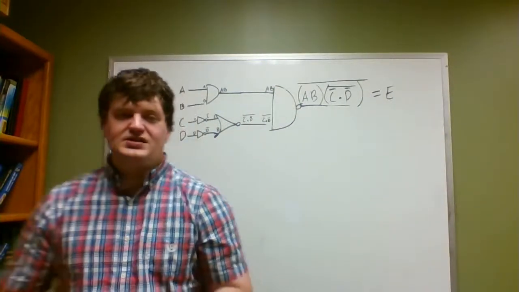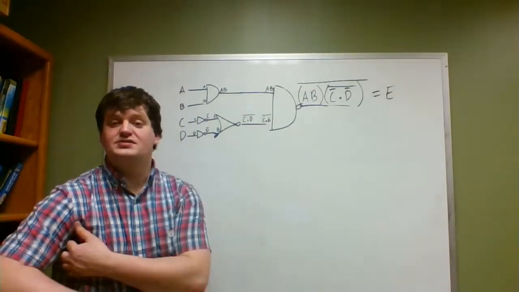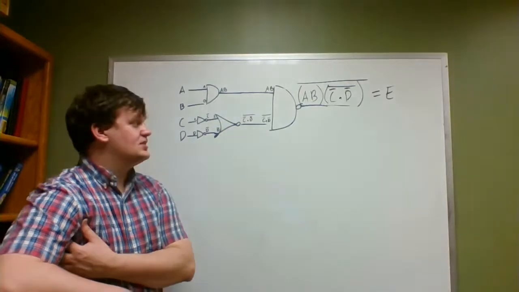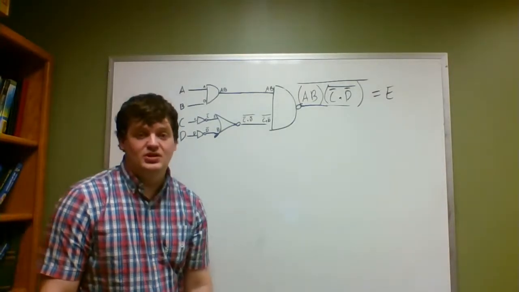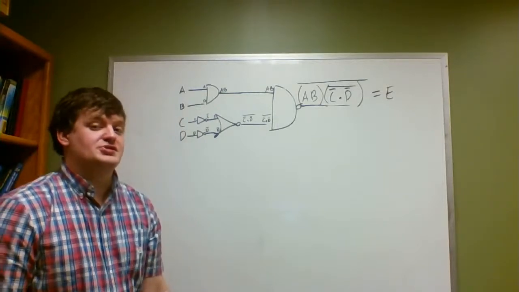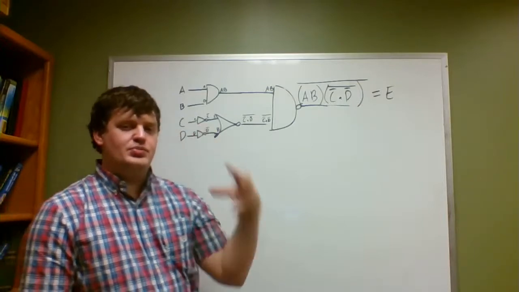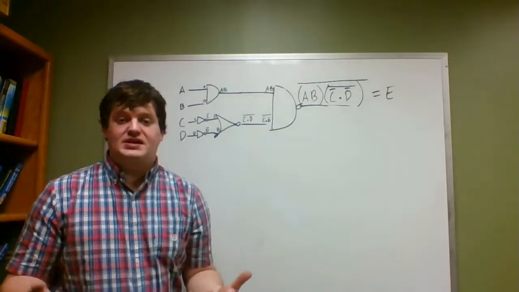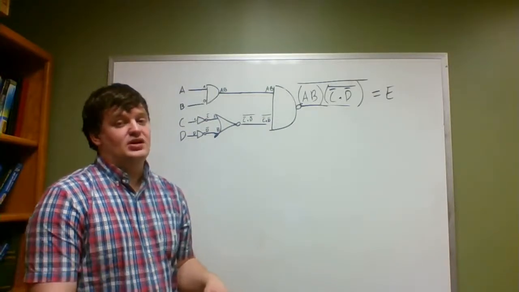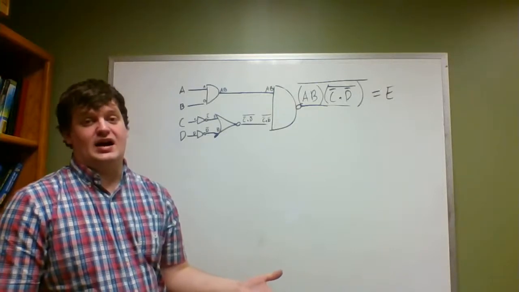I would suggest that you spend some time understanding this. This is not intuitive to most people. I don't think it's the hardest concept in the world, but trying to understand what Boolean algebra means, and actually be able to build something out of a Boolean algebra statement, it's a really important skill, particularly for this class.